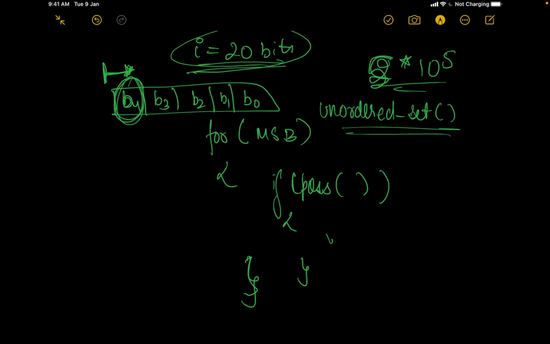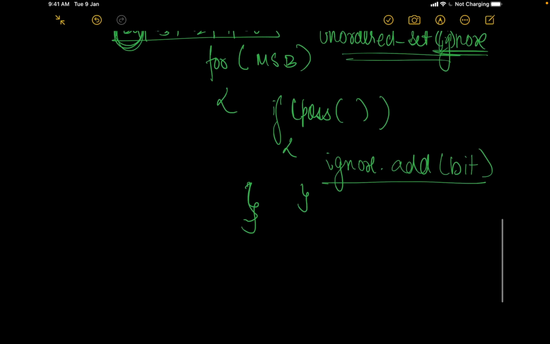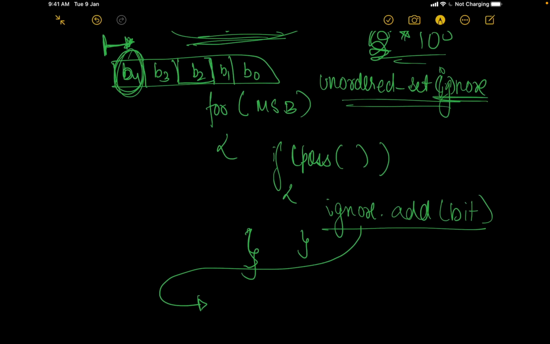Let's call the set ignore, so we are ignoring these bits. I'll say ignore.insert, whatever bit I was having, or ignore.add, whatever works for you in the STL. Also, when we're checking for ignore.insert, we'll have to keep track of the bits we have already processed. So let's say now I'm processing B2. When I'm processing B2, I've already processed B4 and B3.